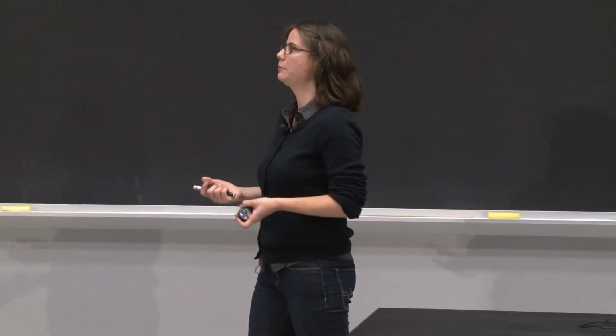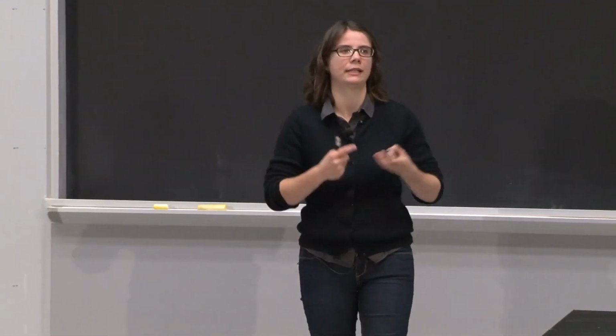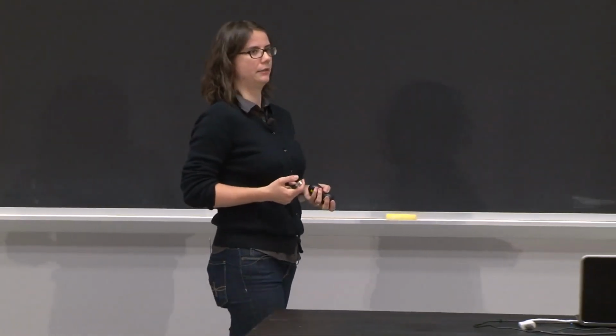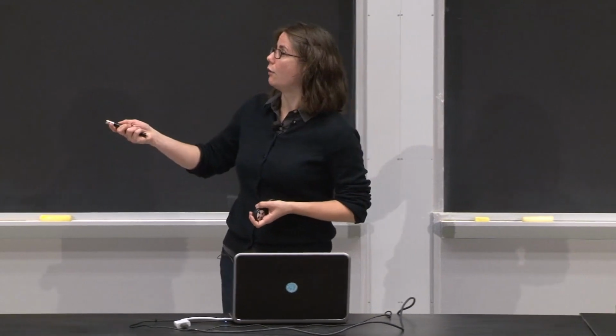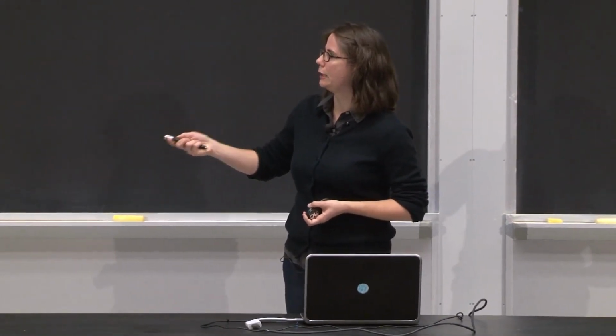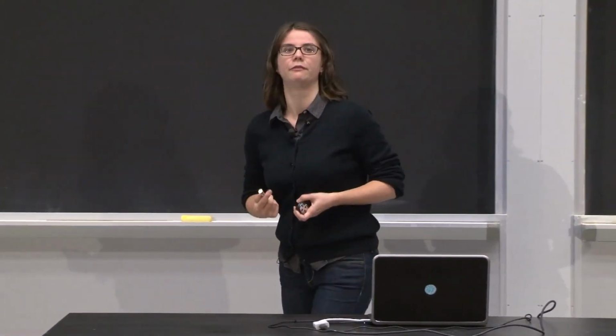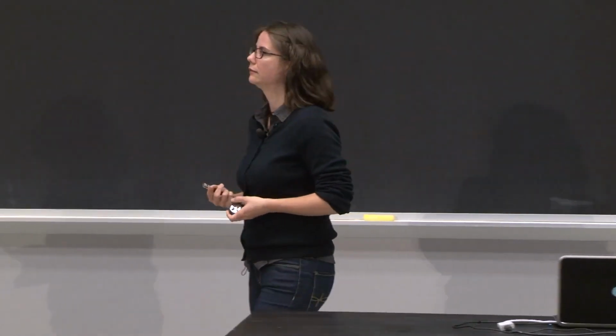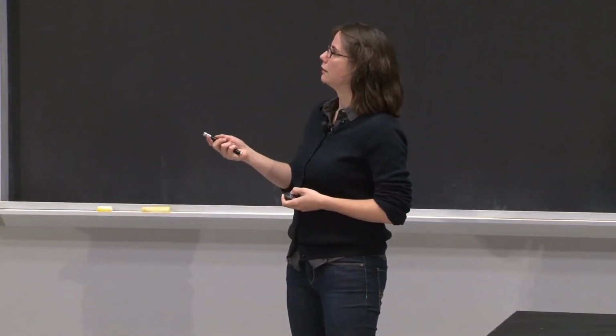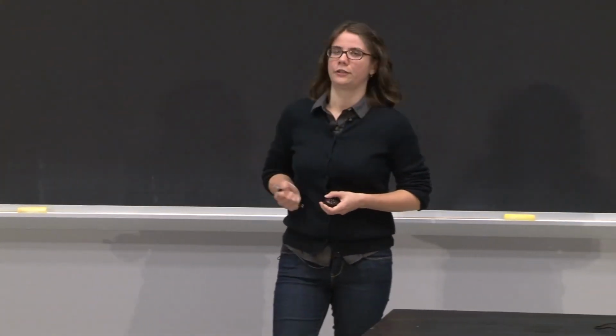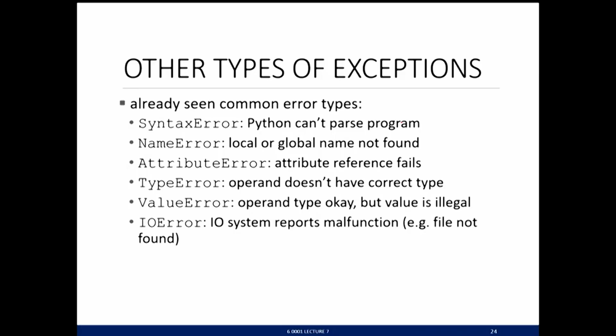So the error is called an exception, and it's called an exception because it was an exception to what the program expected. So all of these errors that I've talked about in the previous slides are actually examples of exceptions, okay? And there are actually many other types of exceptions, which you'll see as you go on in this course and also in 60002.